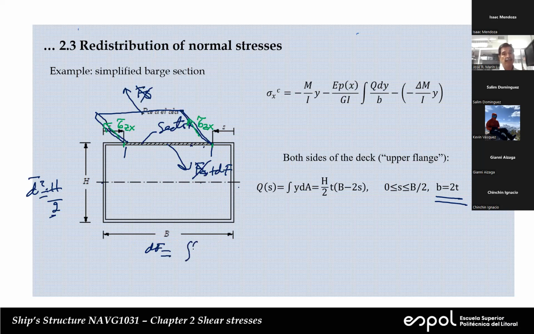So we have the integration of the bending moment over inertia. And this is going to be equal to what? To have equilibrium, we said this is equal to dx. I'm sorry, this differential.